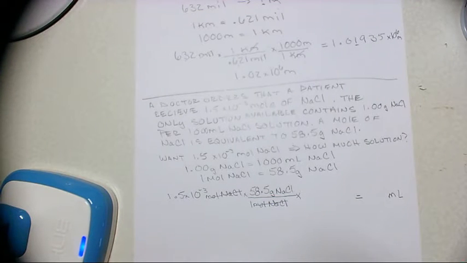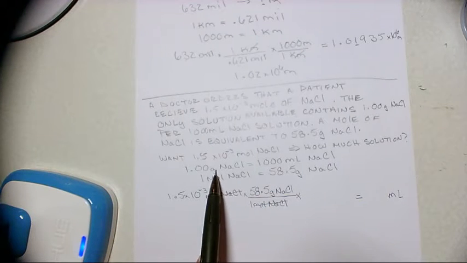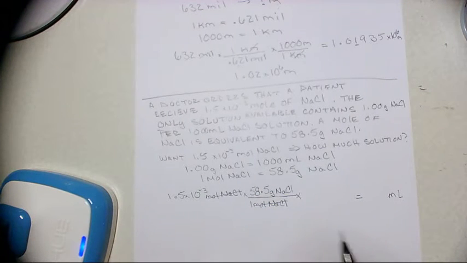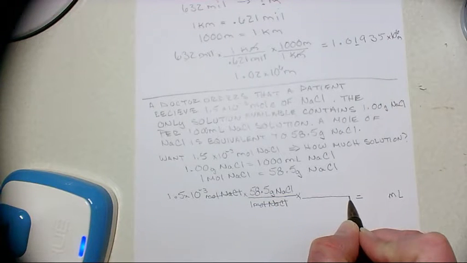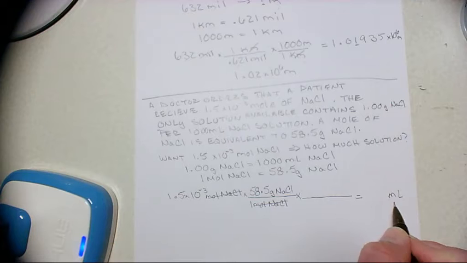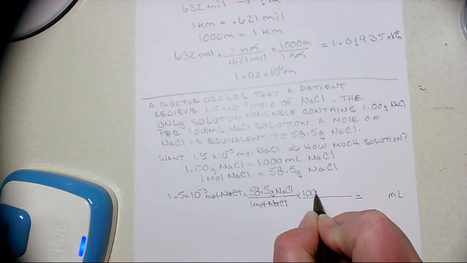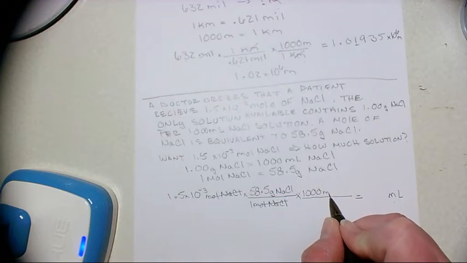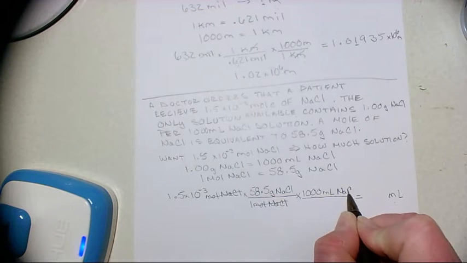But I need to get into milliliters. So I have grams, I want into milliliters. Well, one of the other conversions they gave us was a gram to 1,000 milliliters. So that 1,000 needs to go on top because I want my answer to be in milliliters. So 1,000 milliliters of NaCl.